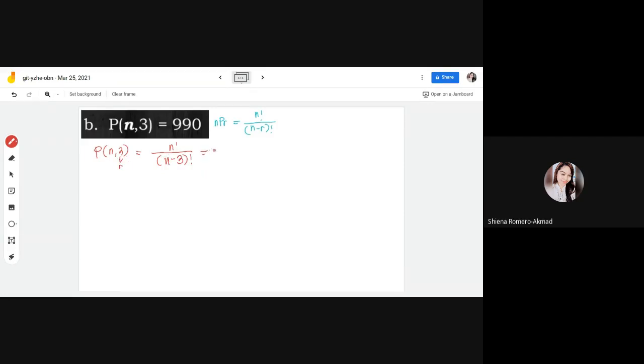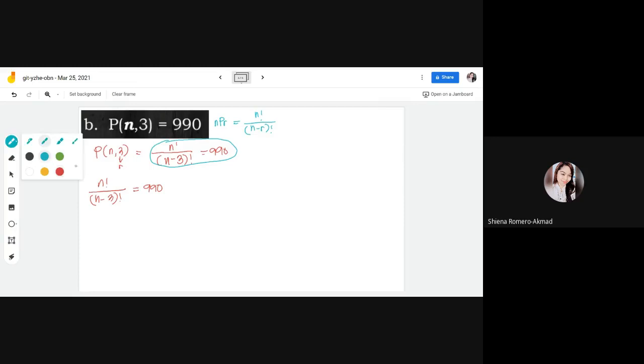And since this is equal to 990, all we have to do is to use this for us to get the N. So we have N factorial divided by N minus 3 factorial equals 990.